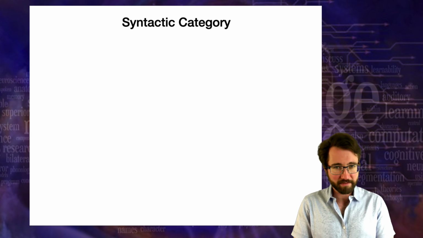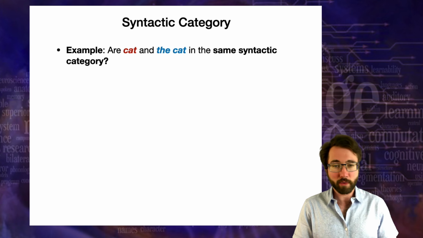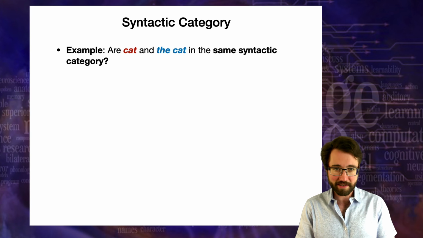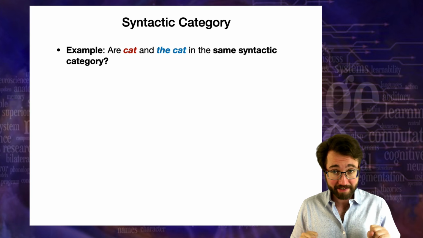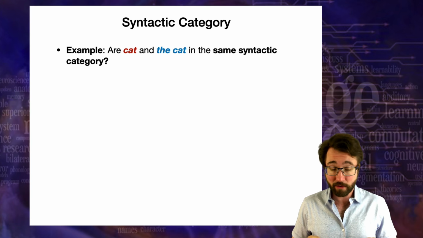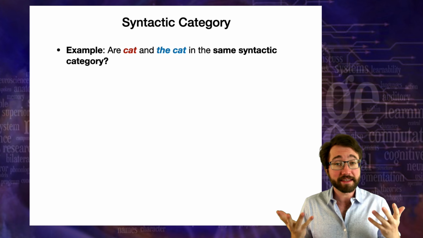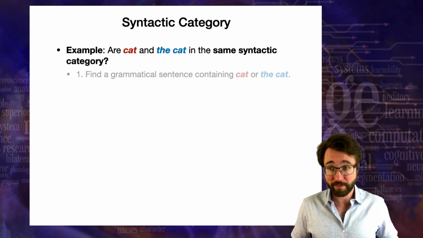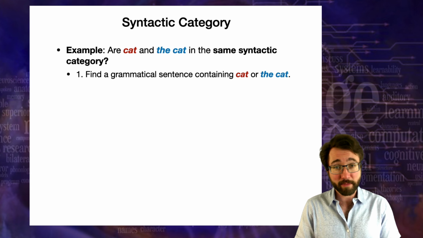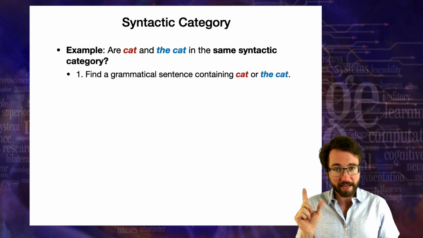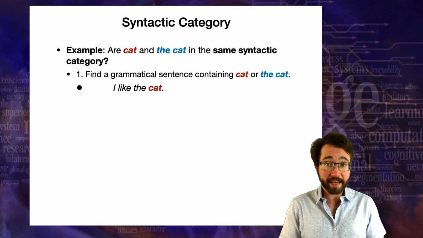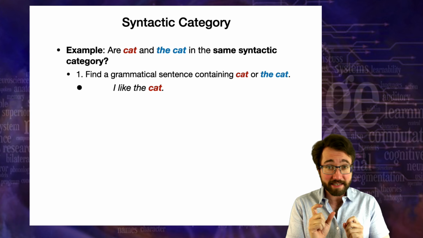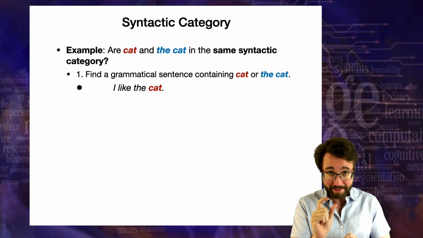We also talked about some very interesting cases where we are looking at sequences of words, not just individual words. So the single word cat and the sequence of two words, the cat, are they in the same syntactic category? Well, we can do the test in the same way we did the test when it was just a single word. We first find a grammatical sentence that contains either cat or the cat. Like this, I like the cat. Now, I'm using this as an example for the single word cat.